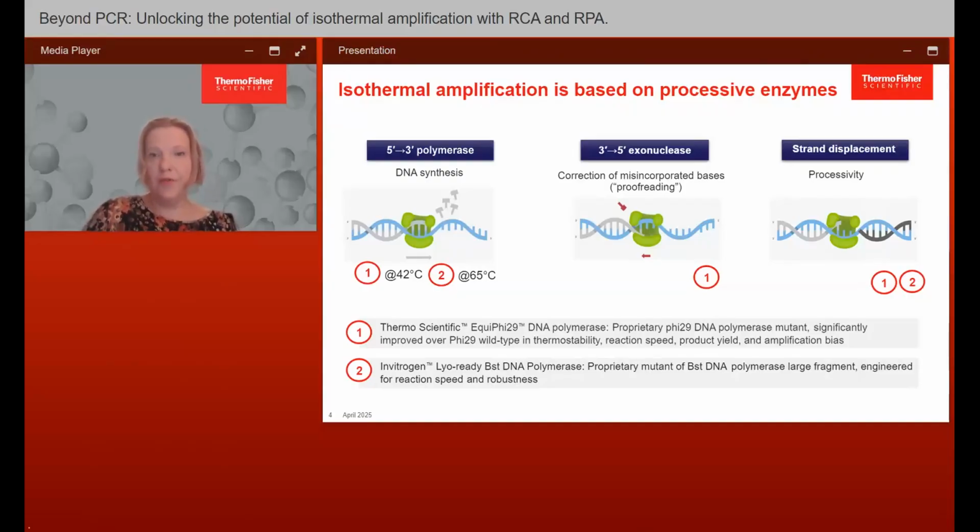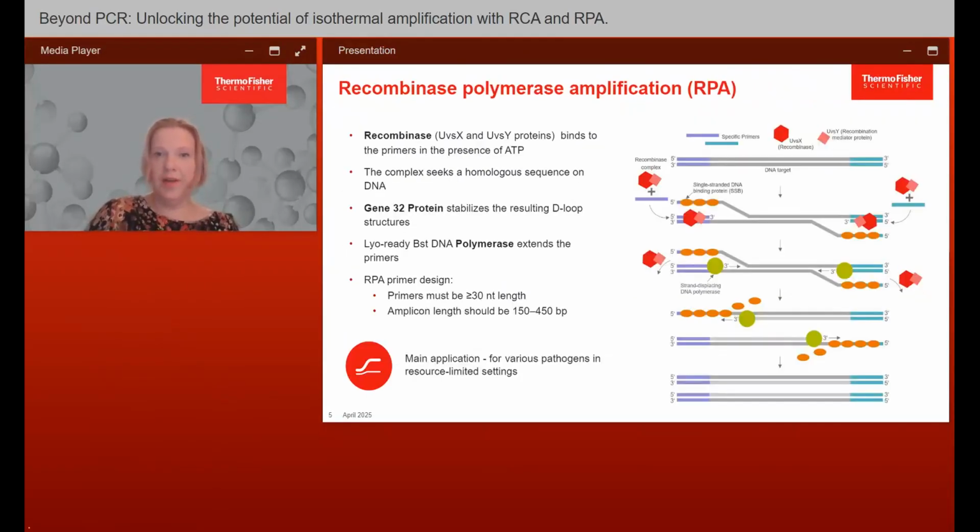For this reason, Phi29 and its engineered versions are used for rolling circle amplification for the methods Raminta will present about later, while BST DNA polymerase is mainly used in the assays where shorter fragments are synthesized, such as the one here.